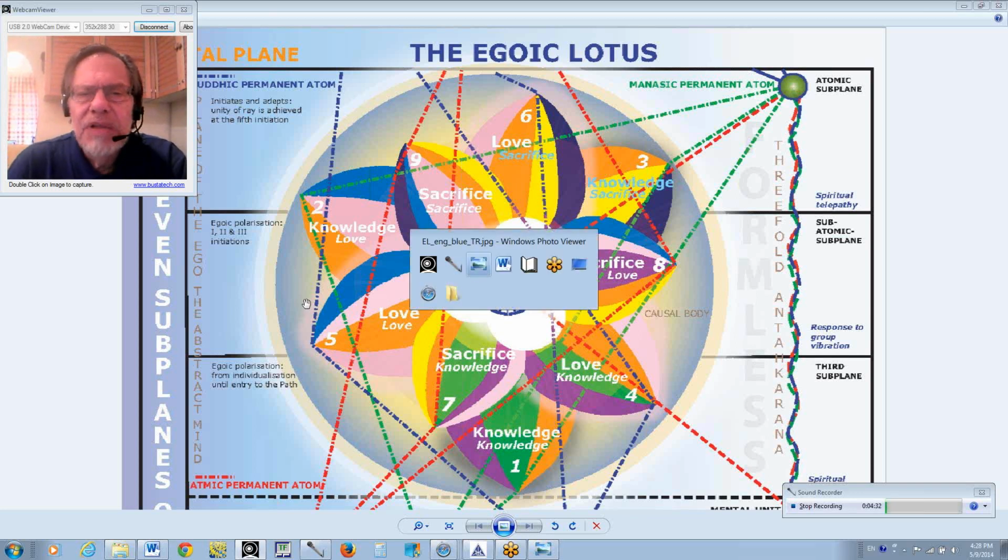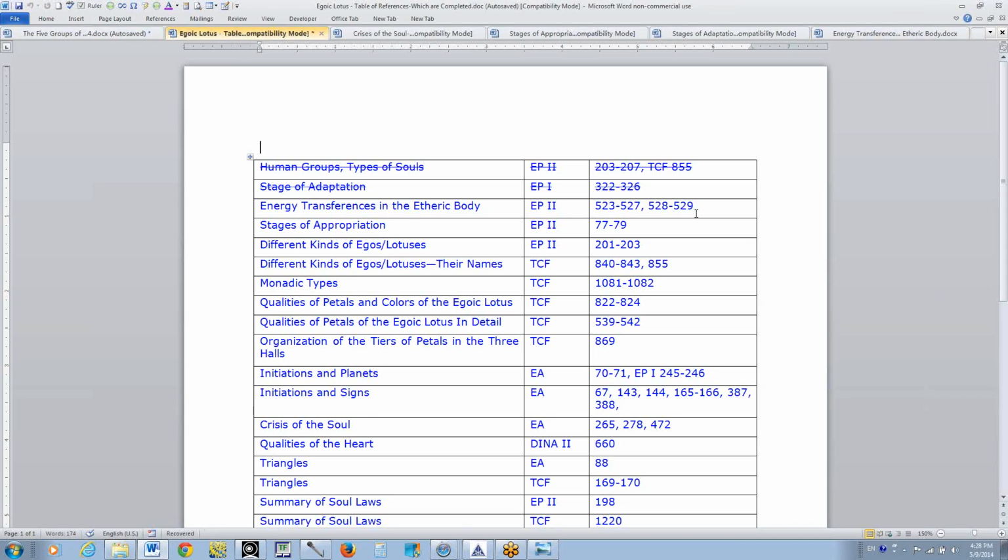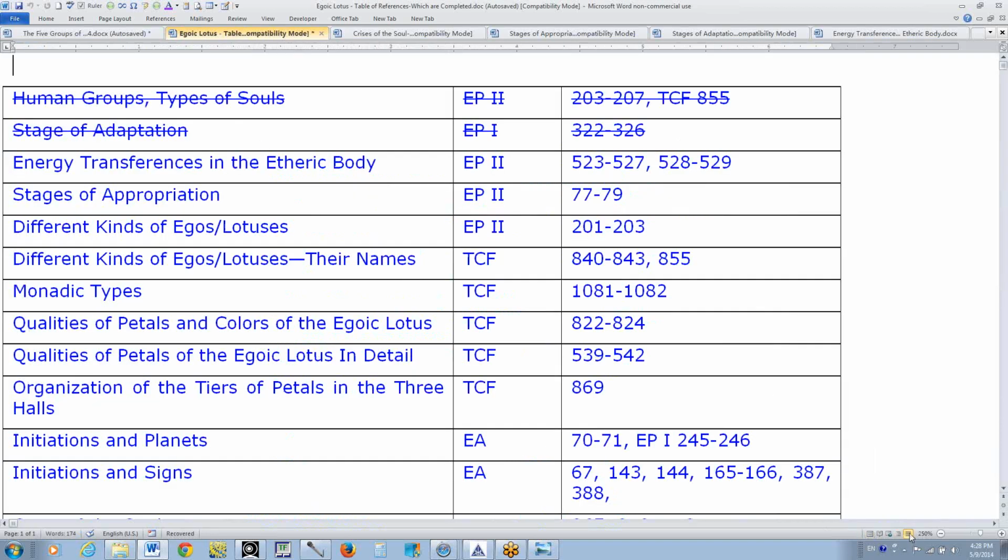Now, the subjects that I am discussing come from this particular table, a table which reveals to us background material, which should be considered when we think about what type of process is occurring in various areas when the different kinds of petals are unfolding. This is all an inner process.